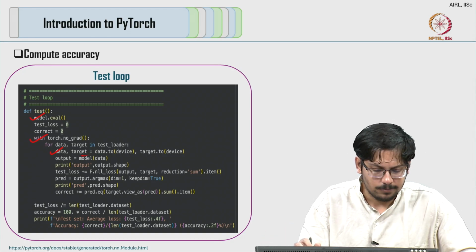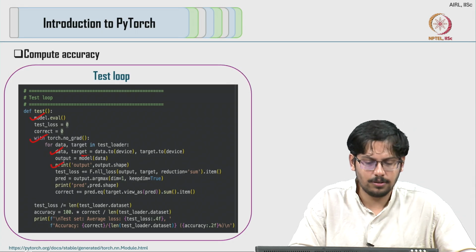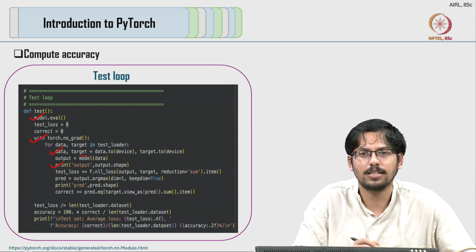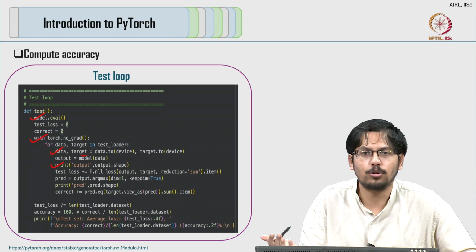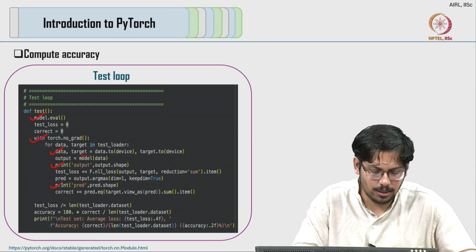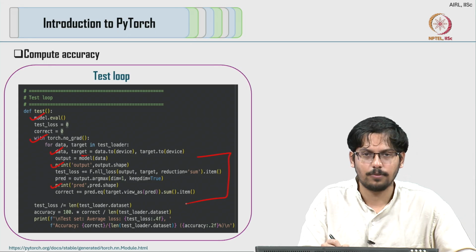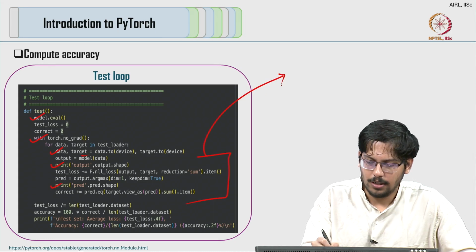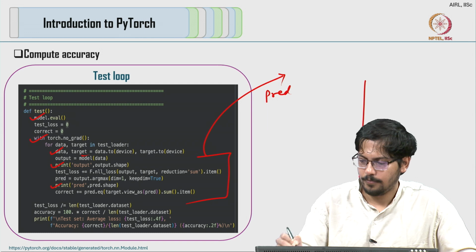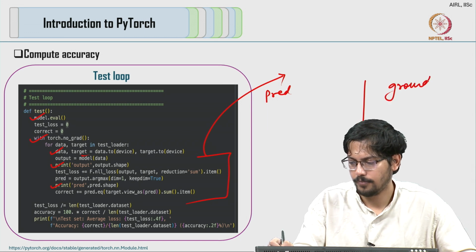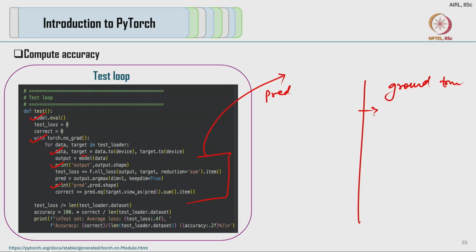Now, when we print the output, which is output.shape, it will essentially give us the shape of the output tensor and we can compare it with the output prediction. Now, let us quickly take a look at this part, right. Ground truth, the dimension was batch size comma 1, the prediction output was batch size comma n, n is the number of classes, right.